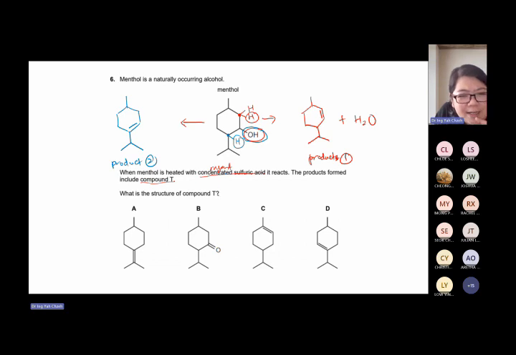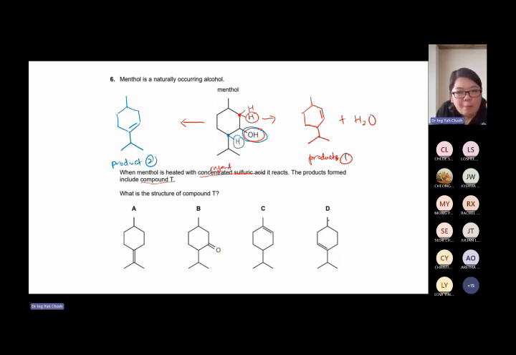Let's check A, B, C, and D. Does any of them look like my product number 2? A, no. B, no. C, the double bond is not here. D, the double bond is here, but mine is on the right-hand side. Imagine that it is the same compound, product number 2, just flipped 90 degrees clockwise.